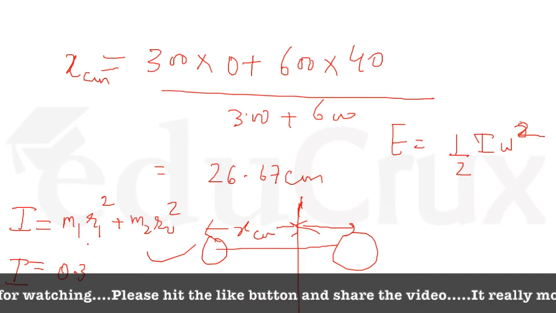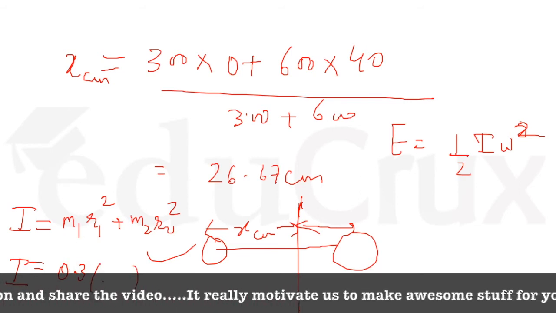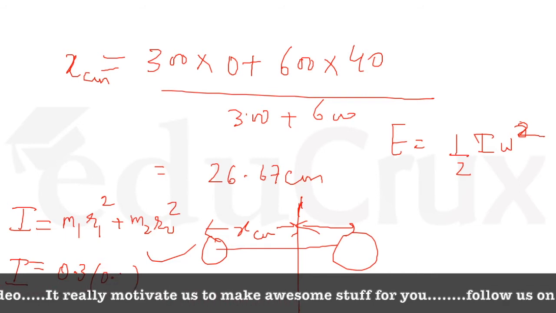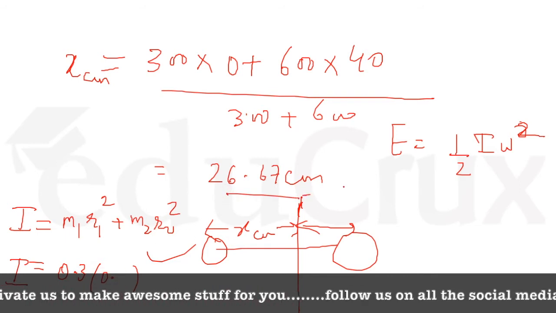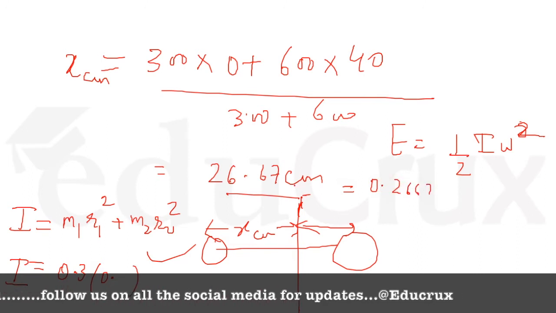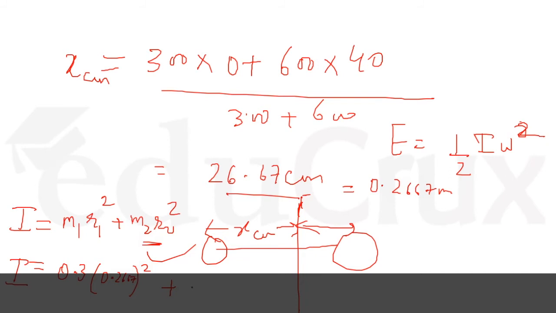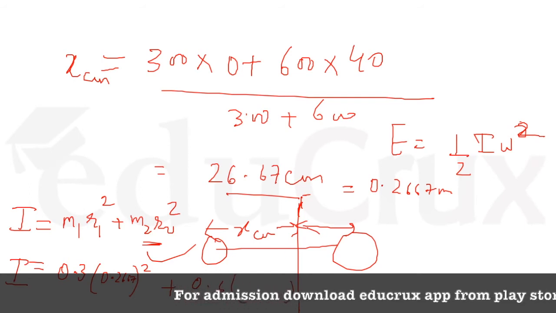For 300 gram, m1 is 0.3 kg, r1 is xcm, which we got as 0.2667 meter. So this is 0.2667 whole square plus m2. What is m2? M2 is 600 grams, which is 0.6 kg, into the distance.